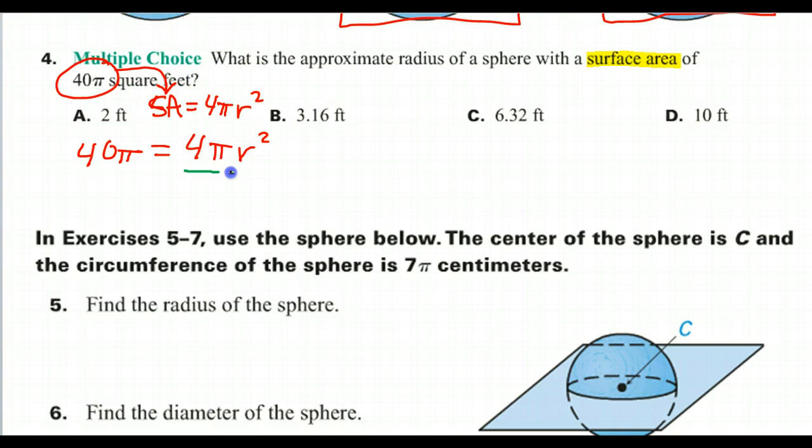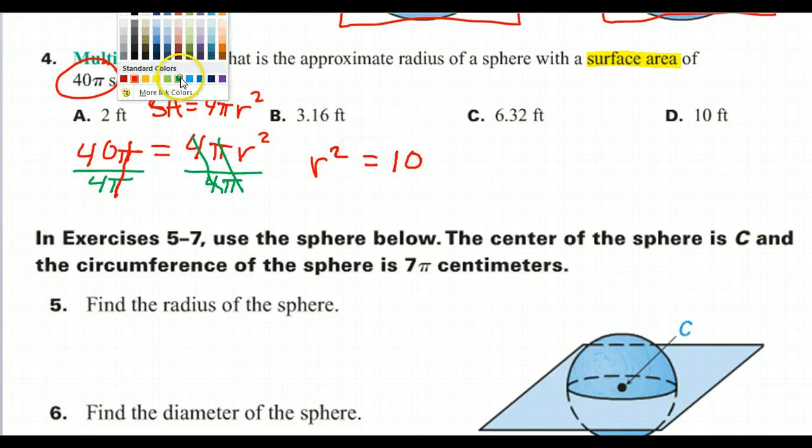So we will simply divide both sides by 4 pi. Because this will all cancel out. That's just going to leave the radius squared. So at that point, we will have radius squared equals. Now, these pi's are going to cancel out. So it's just 40 divided by 4, so that's 10. Okay, so r squared equals 10.